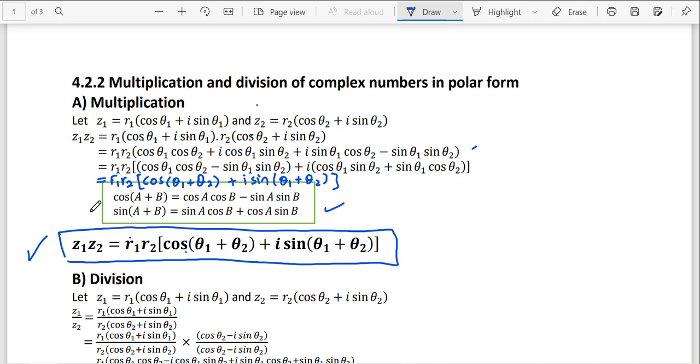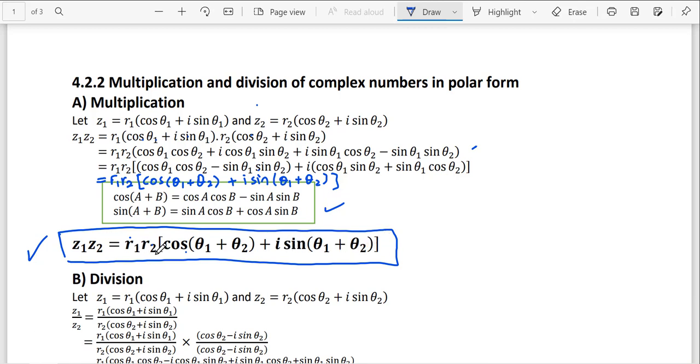From the trigonometric formulas, this one can simplify into cos(theta 1 plus theta 2), and this one can simplify to sin(theta 1 plus theta 2). So the Z1 Z2 formula is Z1 Z2 equals R1 times R2, times cos(theta 1 plus theta 2) plus i sin(theta 1 plus theta 2).